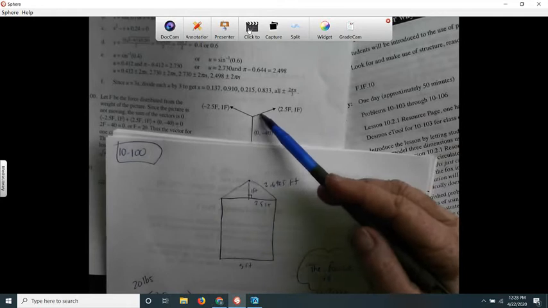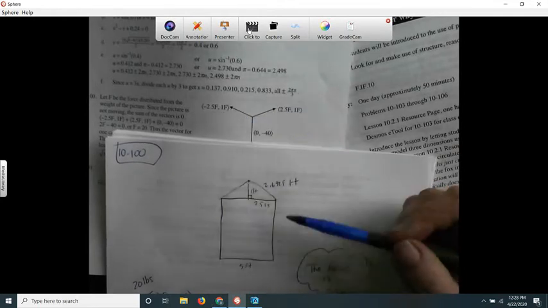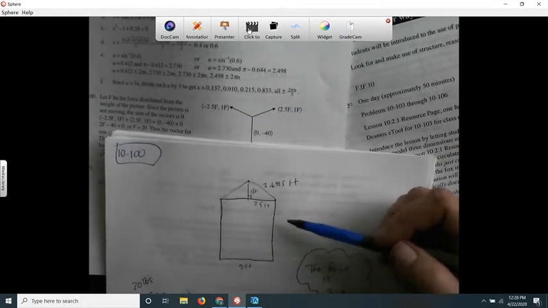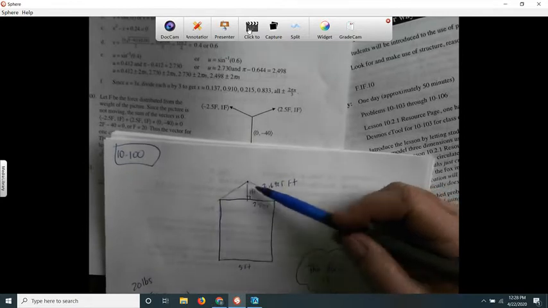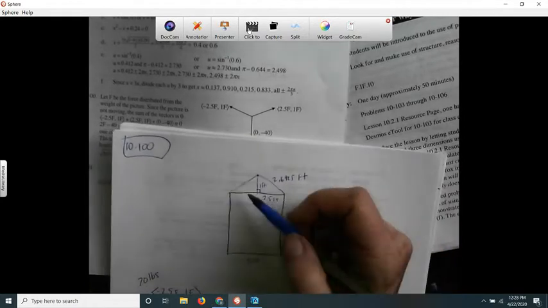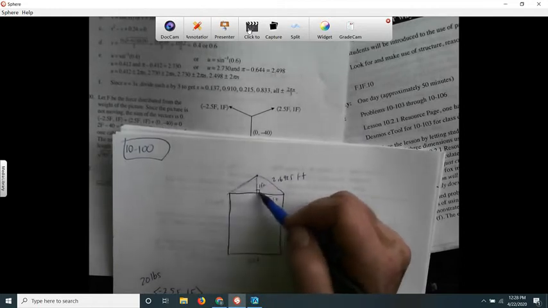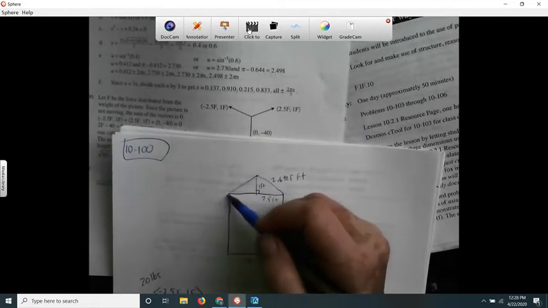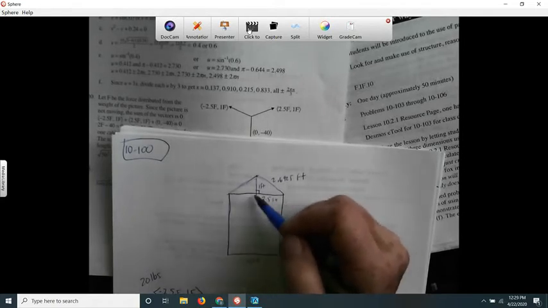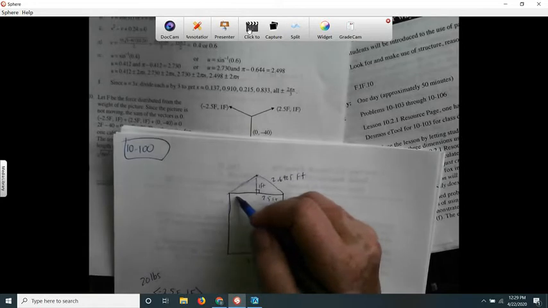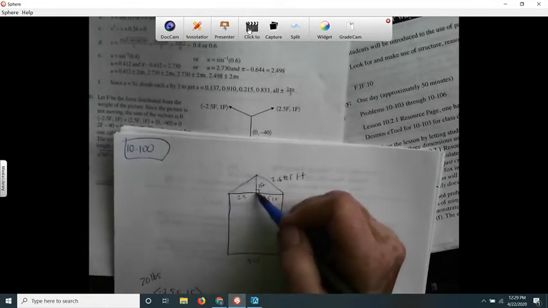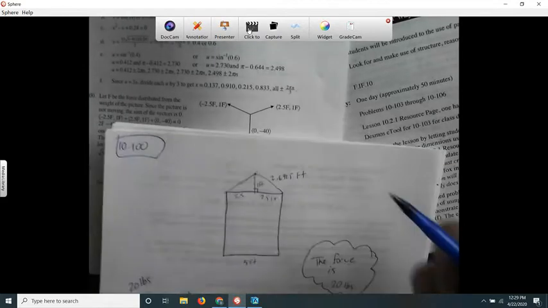These ones, I didn't like how they were going out this way, but then when I drew my own picture and thought about the vectors, I thought this vector right here, if I put this vector in component form, I could say it went right by 2.5 and up by 1.